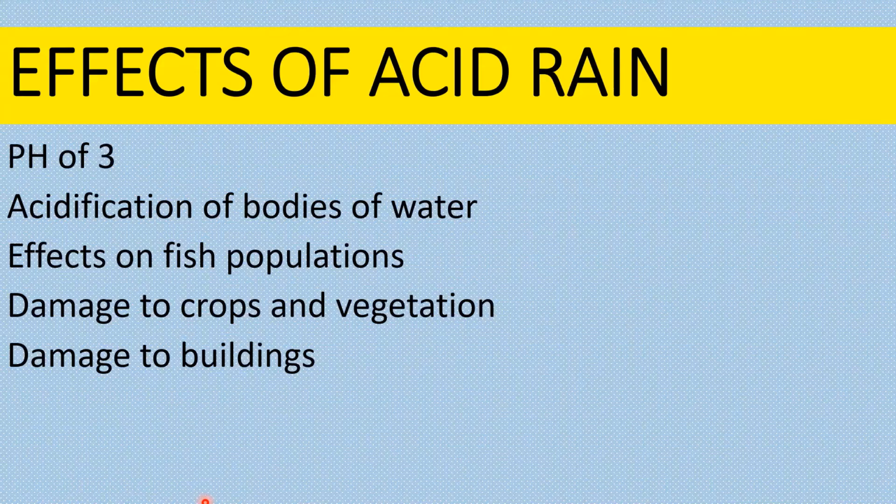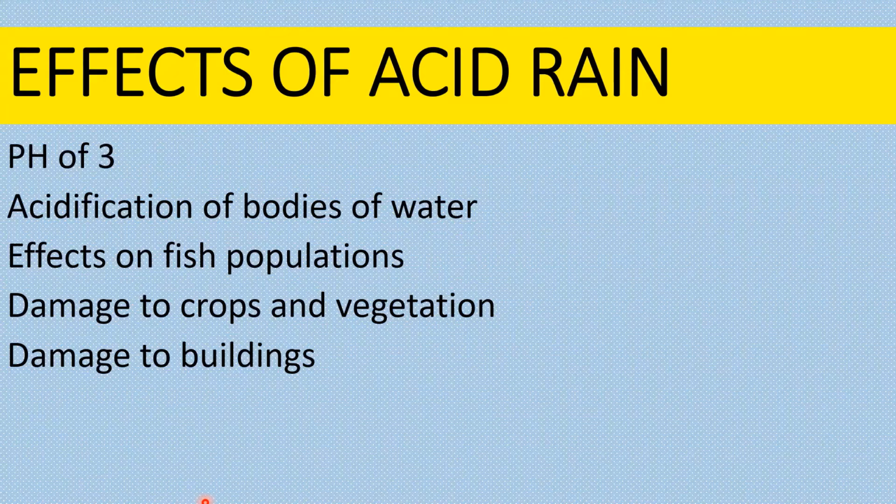When you talk about damage to crops and vegetation, let's see step by step how it affects the crops and vegetation. First, acid rain with abundant hydrogen ions enters the soil.